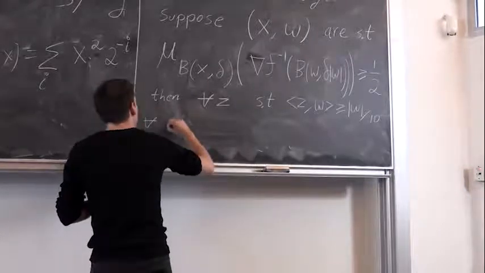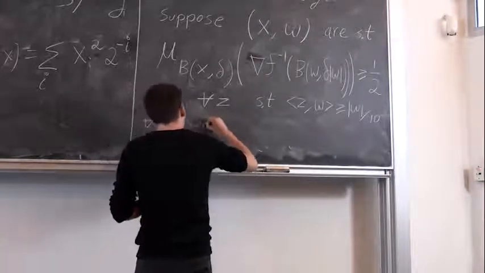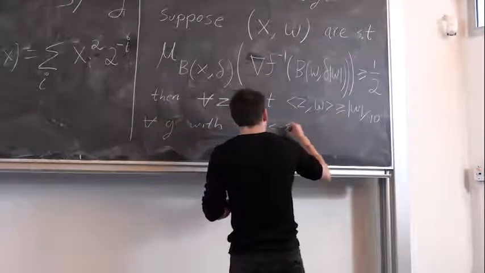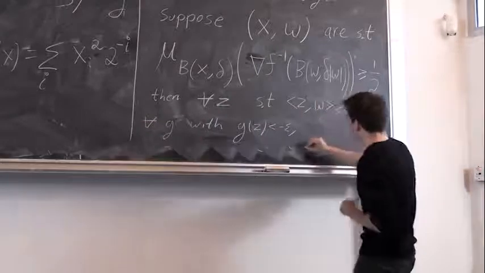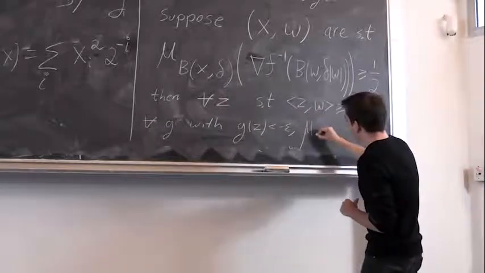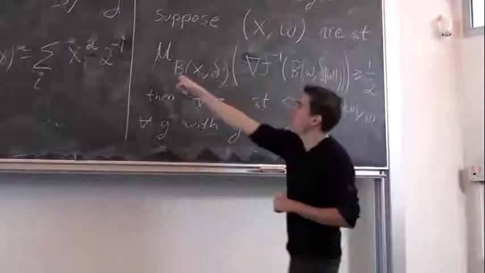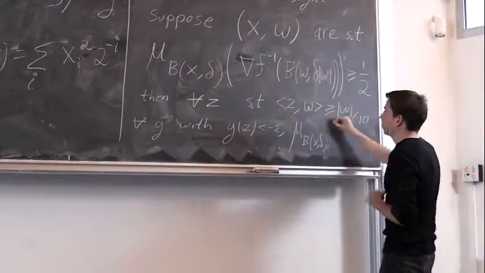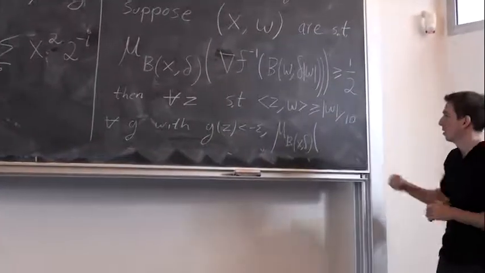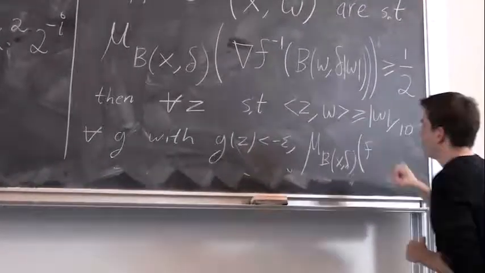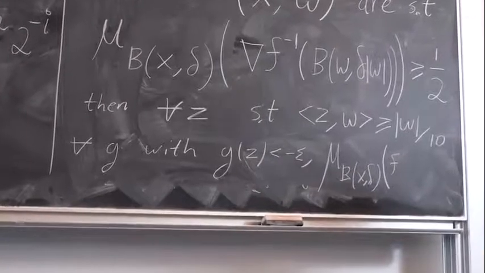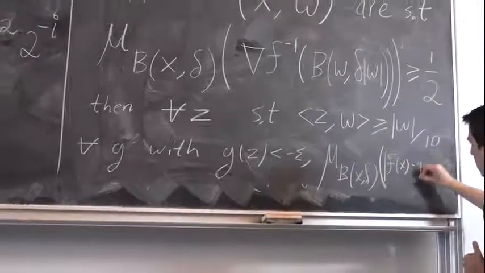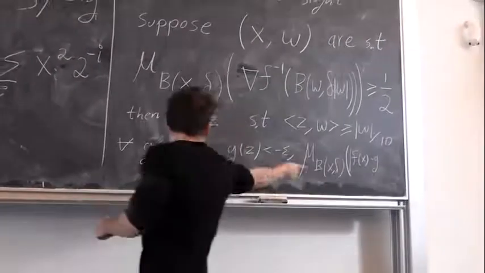And for all g with g at point z less than minus epsilon, we have that this measure covers g, in the sense that, maybe I'll write this here.